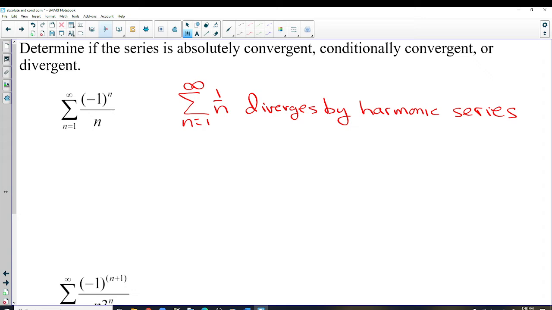Don't have to show any work for it. Now that it diverges absolutely, we go back to the original and we can say that this converges conditionally by the alternating harmonic series.